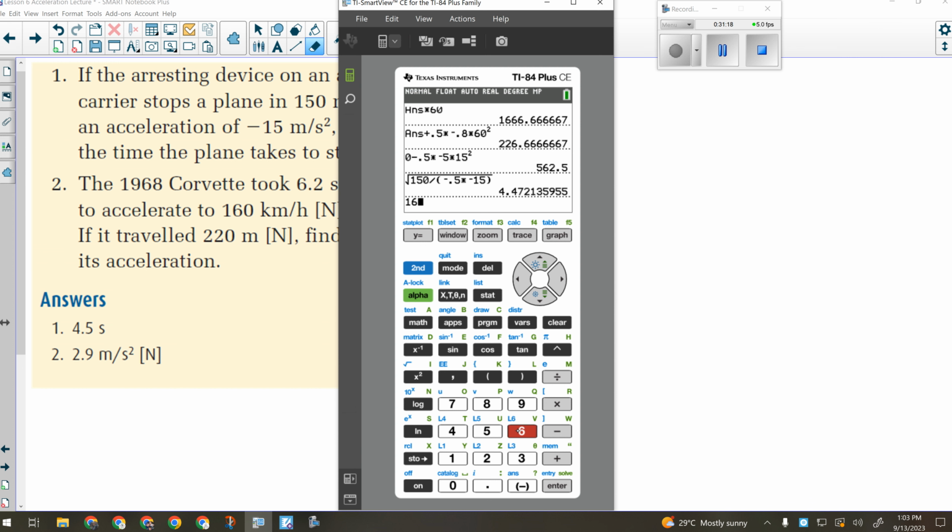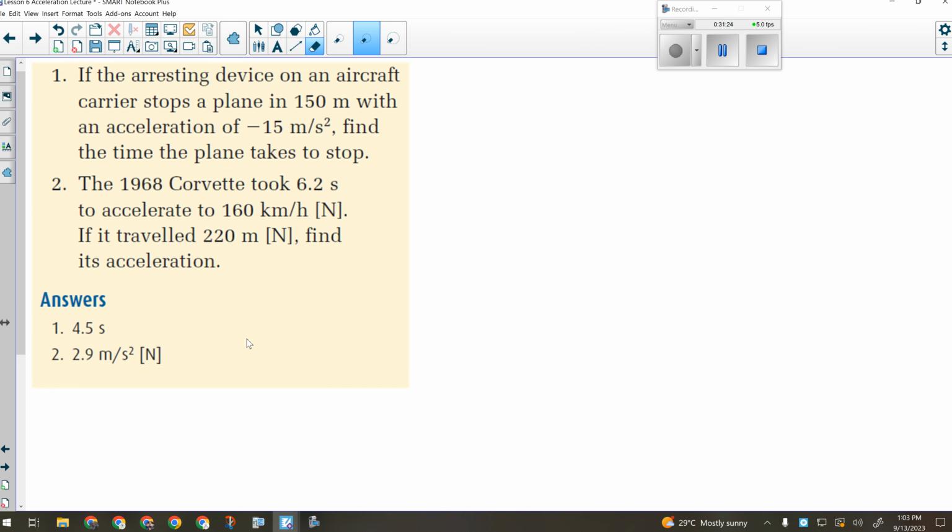So 160 divided by 3.6 to get it in meters per second is 44.4 repeating. It took 6.2 seconds. There are lots of vehicles that can't get to 100 kilometers an hour in 6.2 seconds, so that's equally impressive. 6.2 seconds and travels 220 meters.